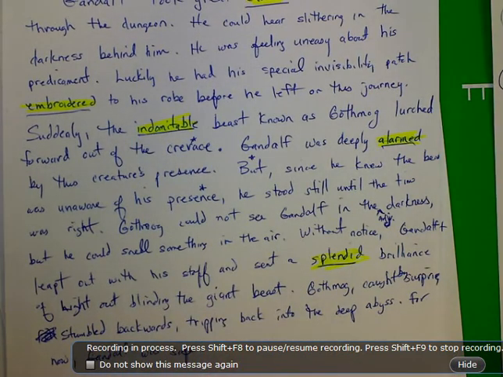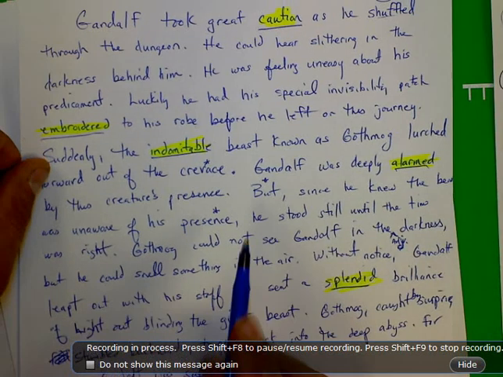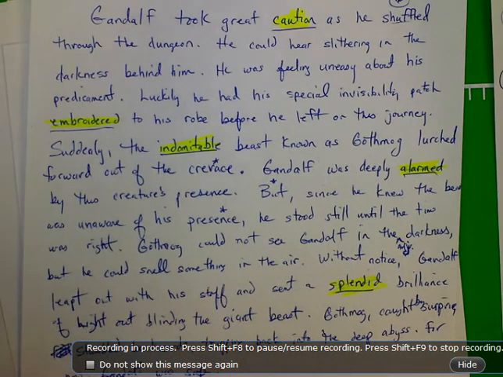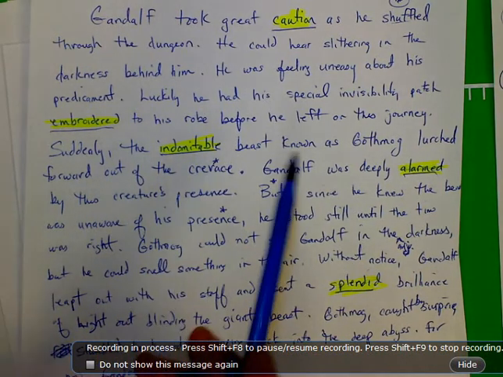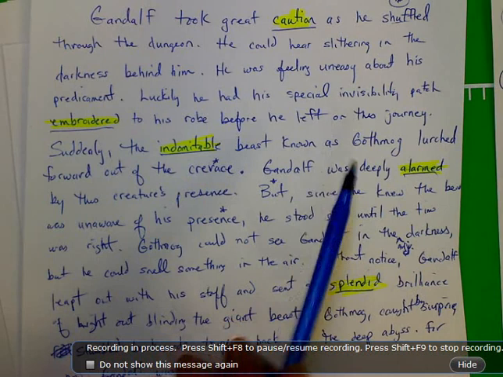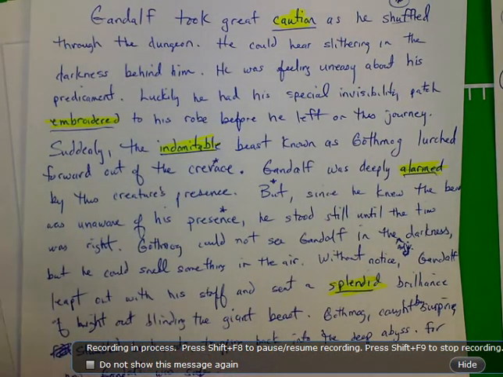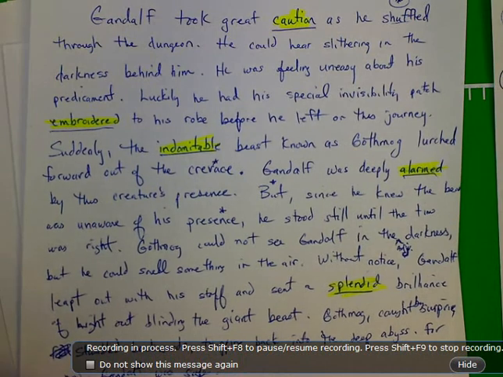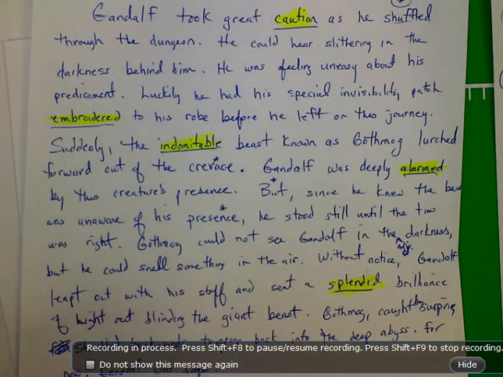They're used in context, which, if I were to take this and use it on the test, I could say, okay, boy, what's the definition for indomitable? Well, it's used in this story as the indomitable beast, known as Gothmog, lurched forward out of the crevice. Well, that sounds to me like this beast is unbeatable, it is very large, very powerful, strong.